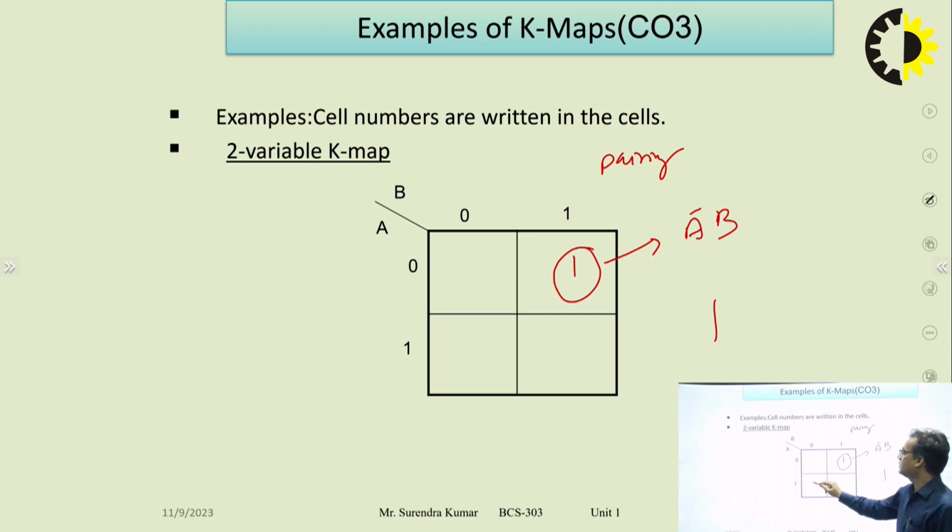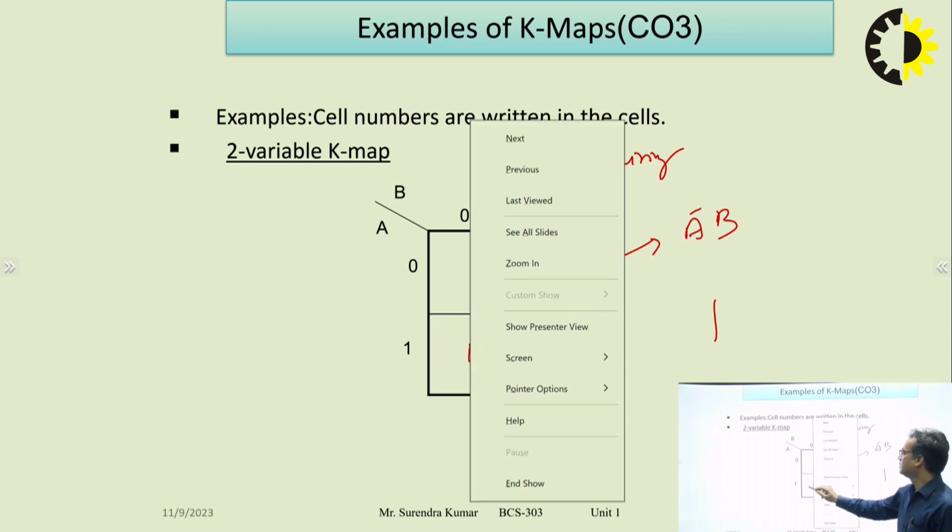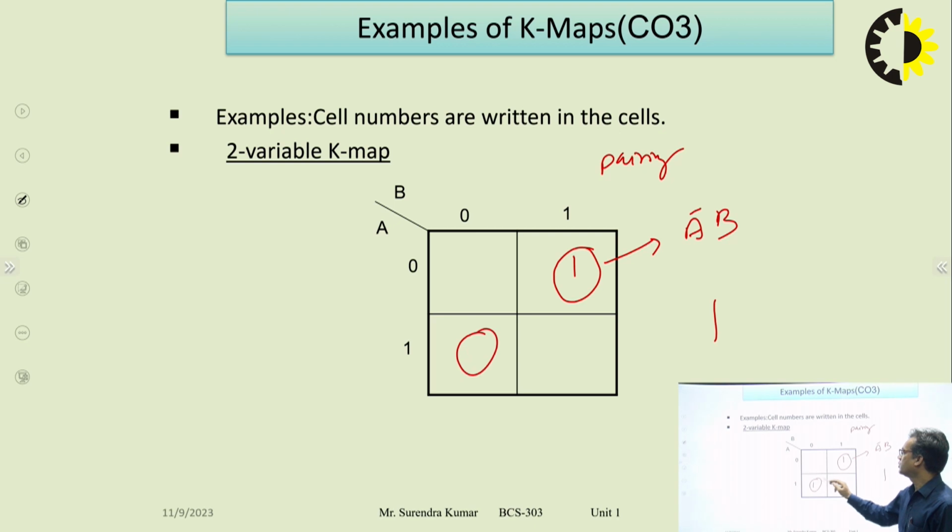In the same way you can write this one also, because cross cells will not be combined, only adjacent cells will be combined. So this will be written as, here A is 1, that means A, and B is 0, that means B bar. So in this way you can write the expression and solve the K map.